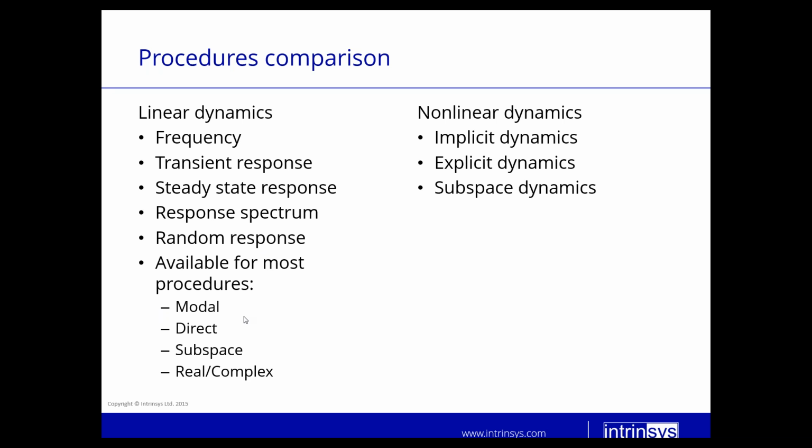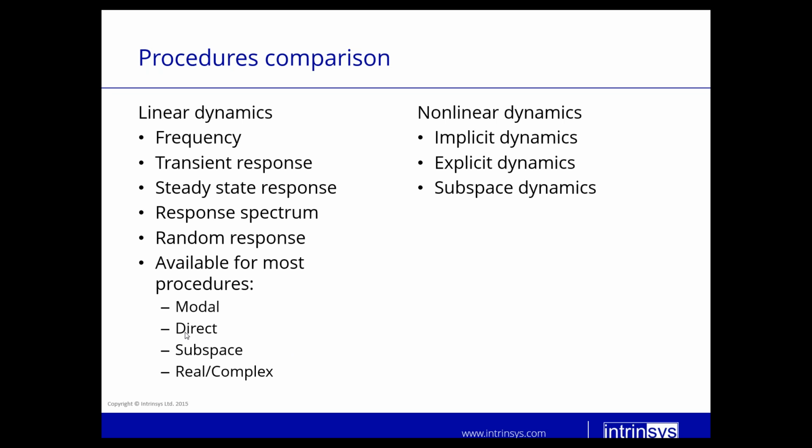You can use modal decomposition, a direct simulation, or a subspace-based approach. To summarize very quickly, direct is usually the most expensive in terms of computation, but it's usually the most accurate. Modal is the least expensive, but it assumes that your mode shapes stay constant, and subspace is somewhere between the two in terms of computation and accuracy.